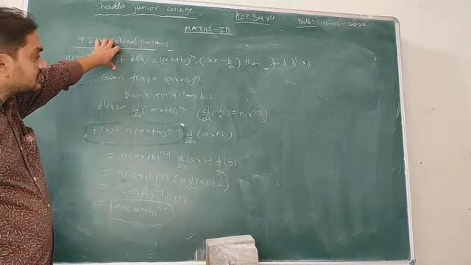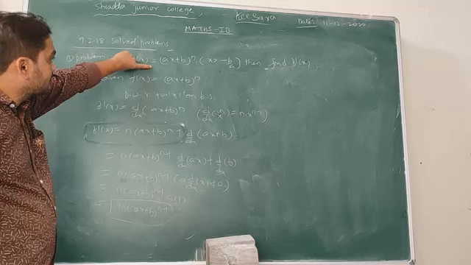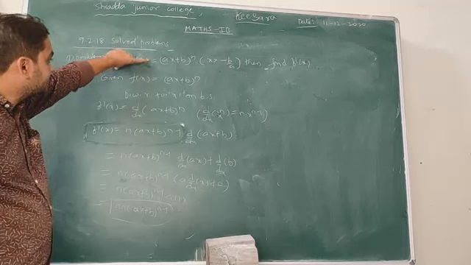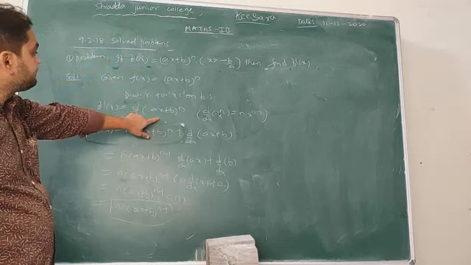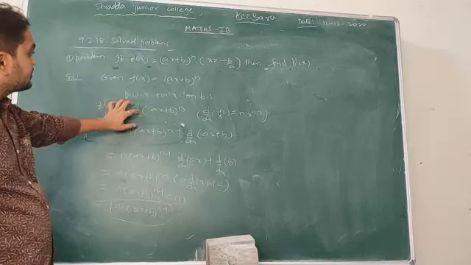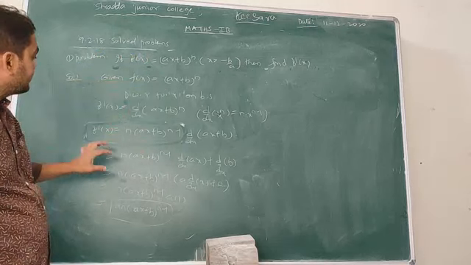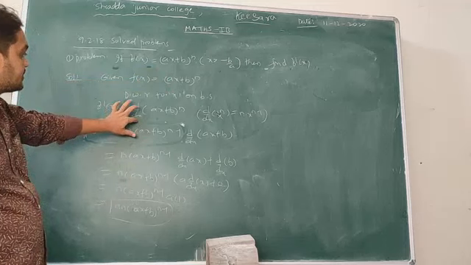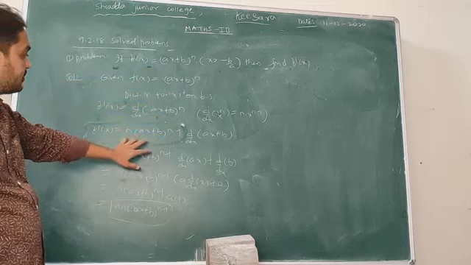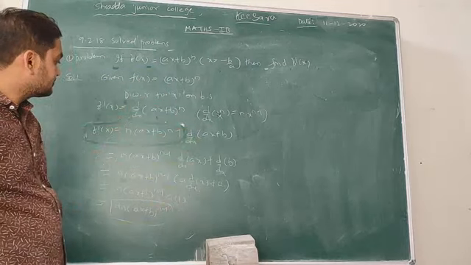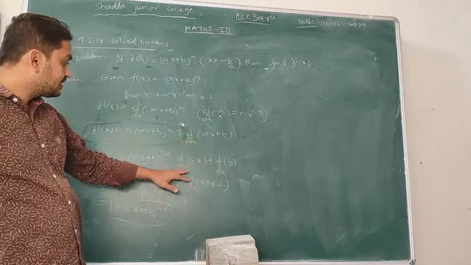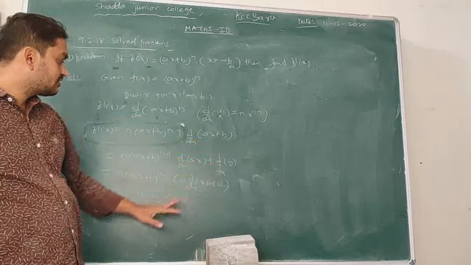If f of x equals to ax plus b whole power n is given, differentiation with respect to x, f dash of x equals to d dx of ax plus b whole power n. F dash of x equals this which form? d dx of x power n form, n into x power n minus 1, again d dx of ax plus b. This is how we can write d dx of ax plus d dx of b.